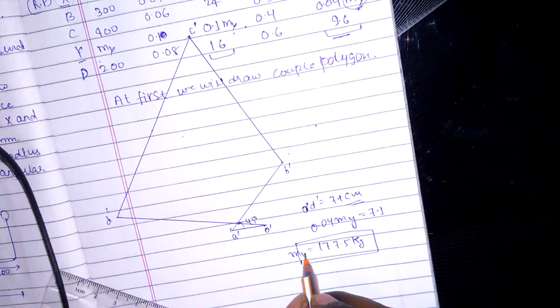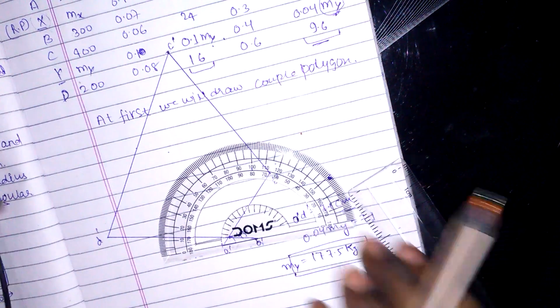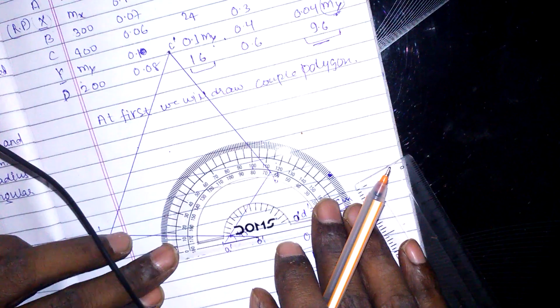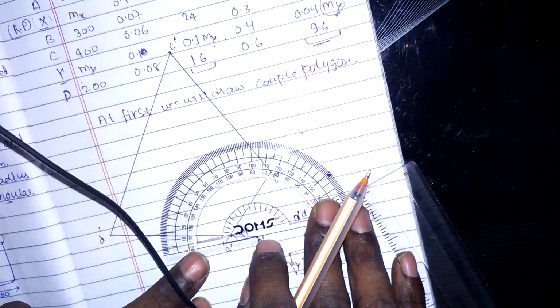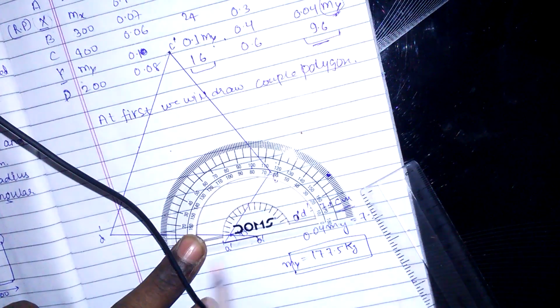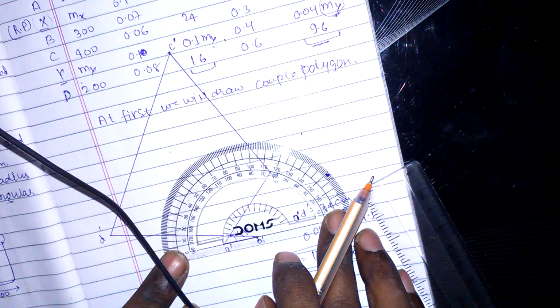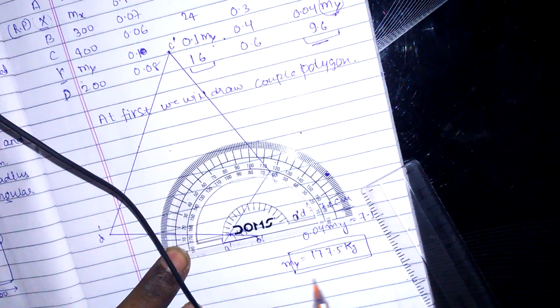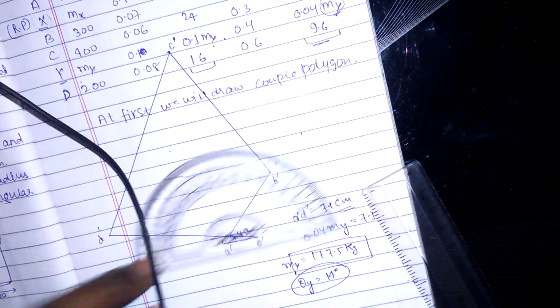This is my. Here we could find the angle as well. Now theta y would be equal to about 13, 14 degrees. Okay, theta y is equal to 14 degrees.